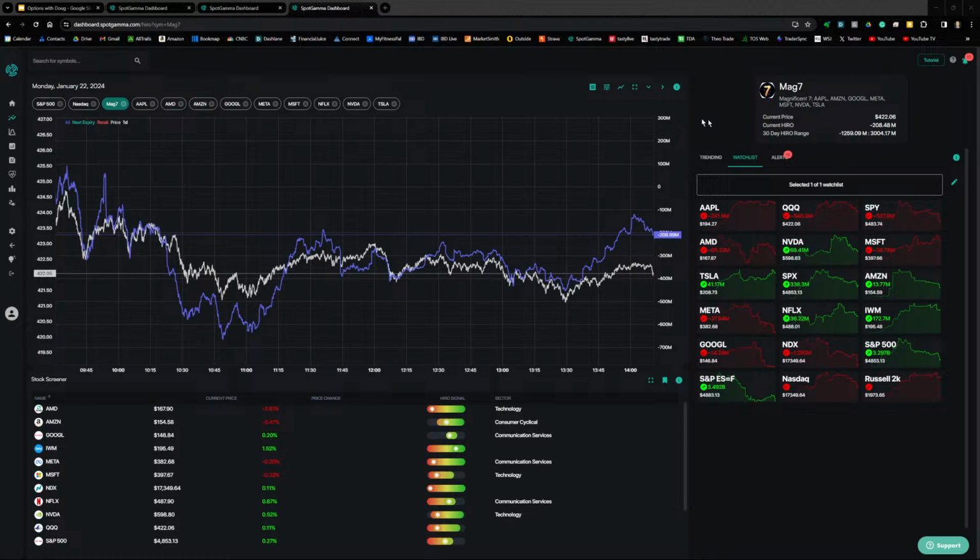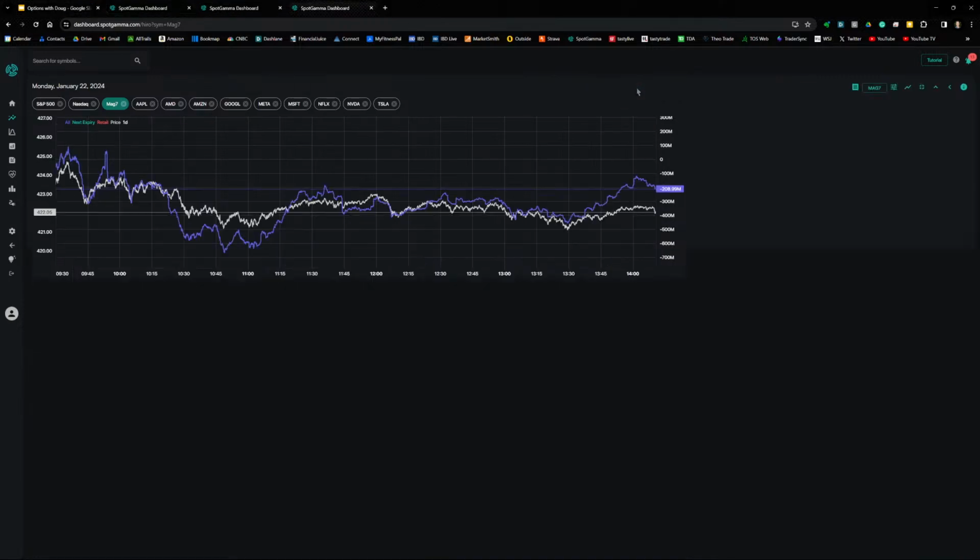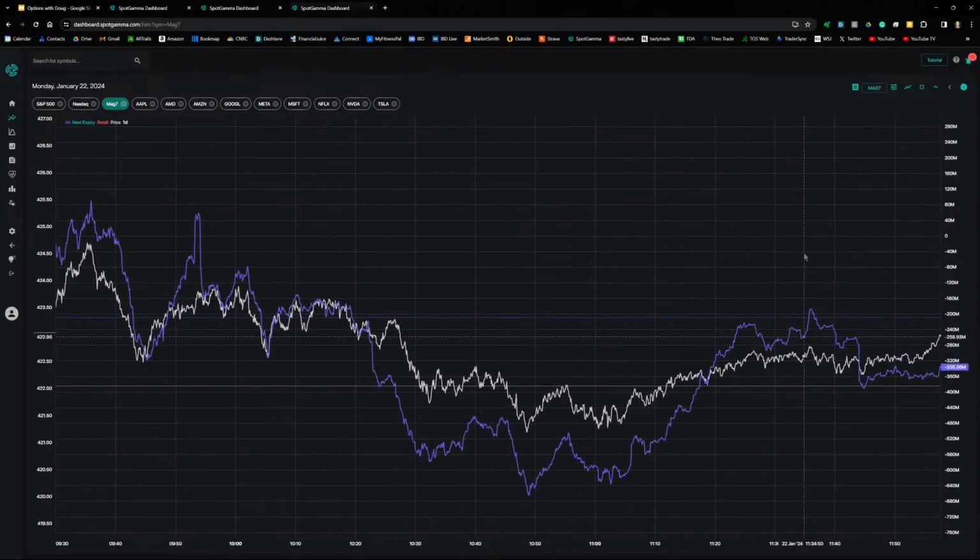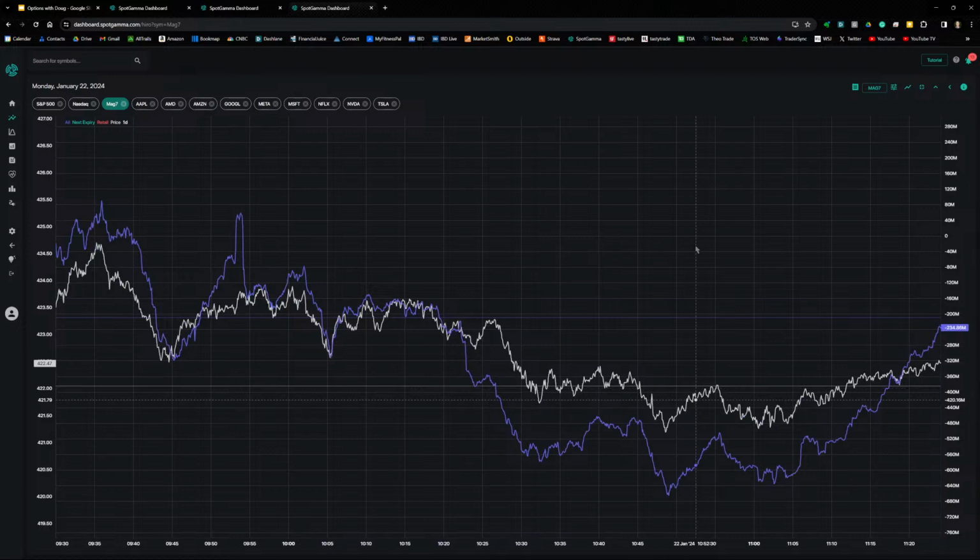I'm going to zoom back in on this chart. These stocks make up a very large component of the NASDAQ 100, also a large component of the S&P 500. I think it's a little bit more relevant for NQ, for the NASDAQ 100.